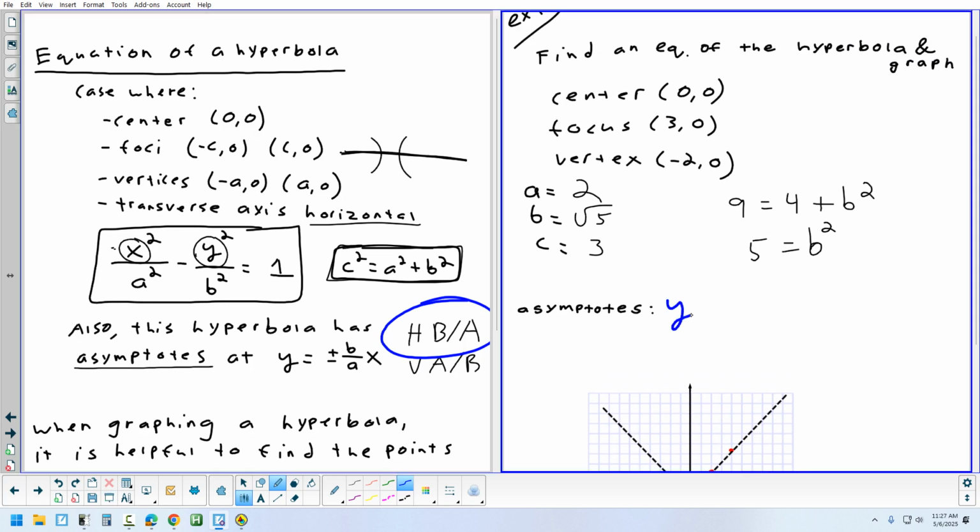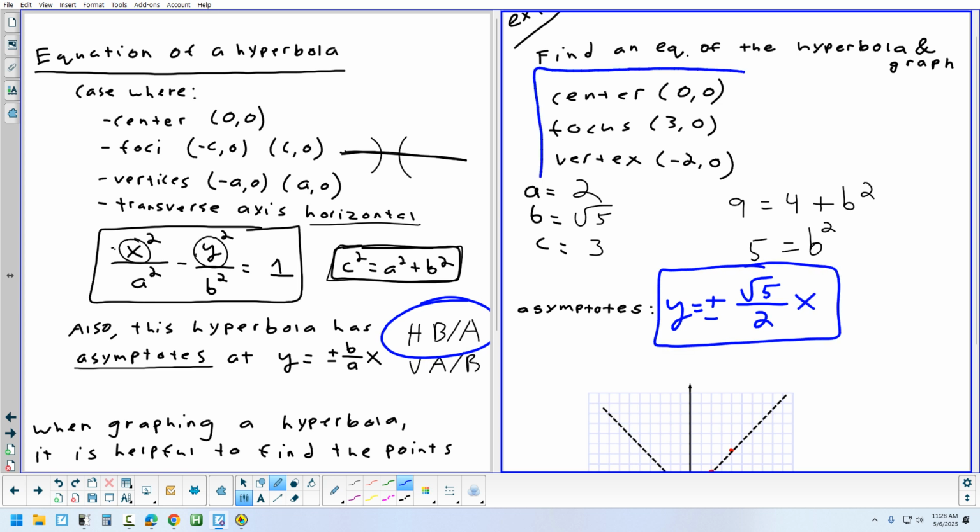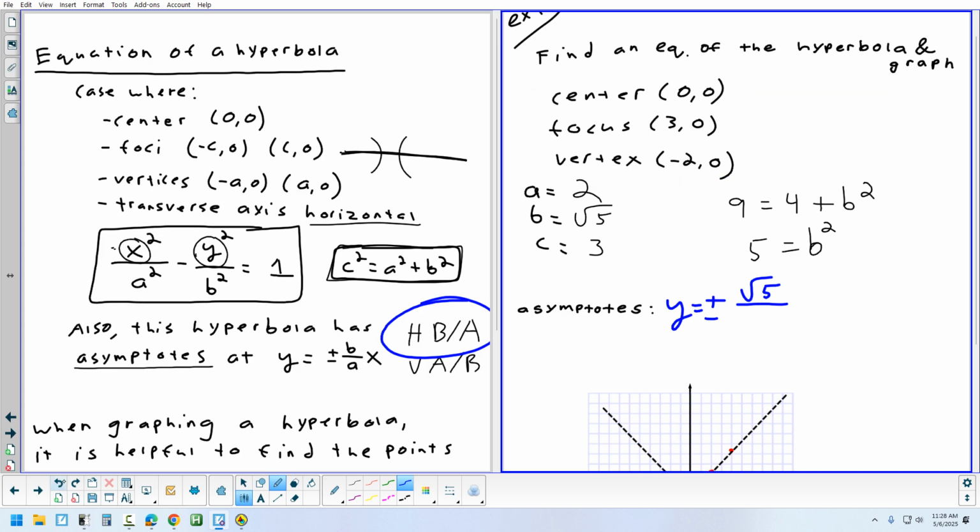So y equals positive or negative B over A. Those are your asymptotes. Okay, so we'll use the asymptotes in a little bit. We'll come back to them.